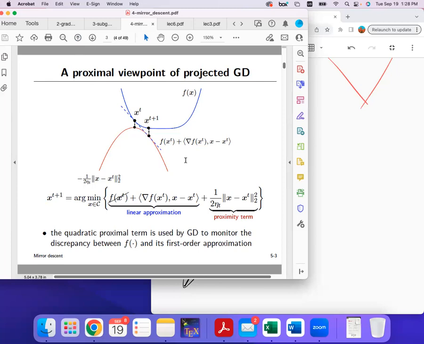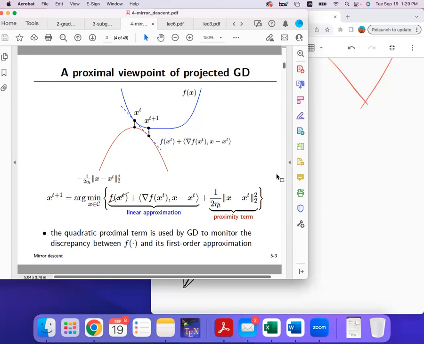We have just shown that the projected gradient descent update is equivalent to the solution of this optimization problem. And now you look at this optimization problem, it's a quadratic one, basically a local Taylor expansion plus a Euclidean L2 distance.